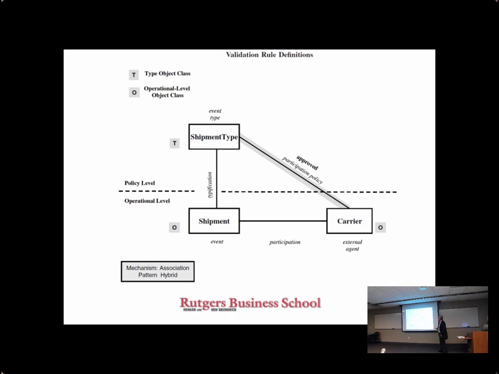Okay. So here we are dealing with a hybrid, right? And the mechanism again, the association. So this many-to-many table. But here we are dealing with a hybrid pattern. Why? Because there are very few carriers. When you're talking about carriers, we are talking about what?